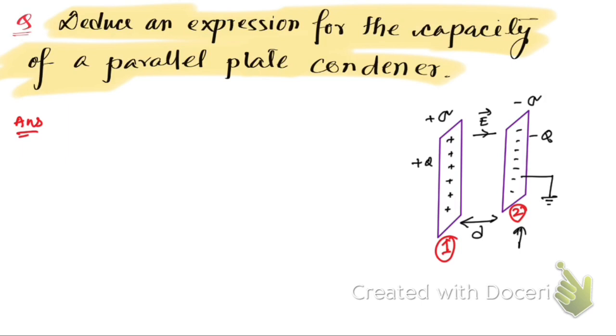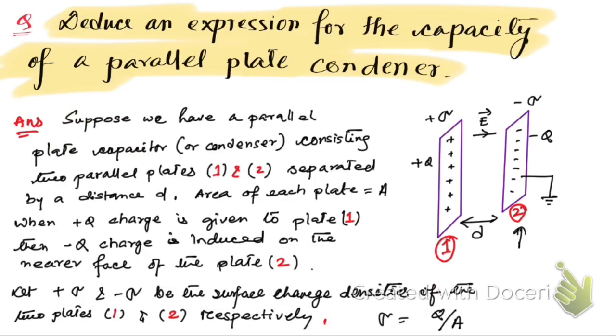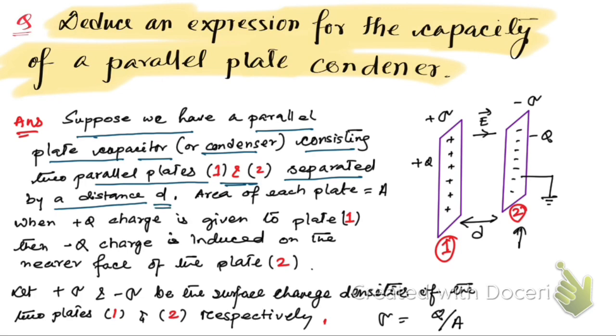So here, let me first write what I have considered. We have supposed a parallel plate capacitor or condenser consisting of two parallel plates 1 and 2 separated by a small distance d. The area of each plate is A, and when positive Q charge is given to plate 1, negative Q charge is induced on the nearer face of plate 2.